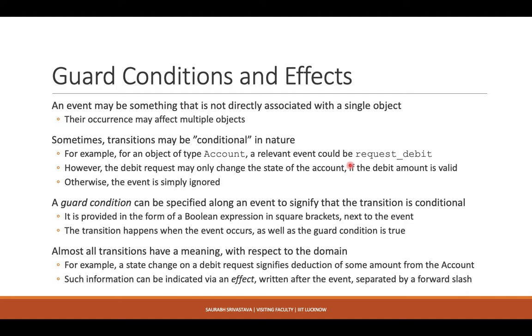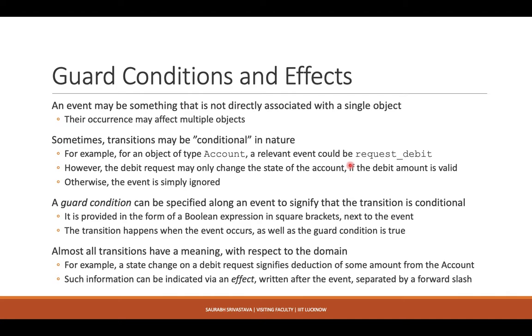Now at this point of time, ideally it should do whatever I just showed you in the previous slide. So a transaction object is created, and the old balance is updated, and the new balance is lower than the older balance.